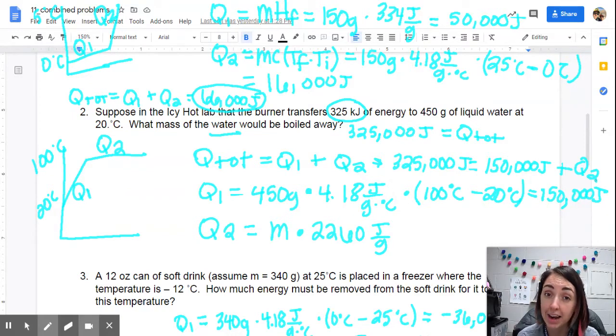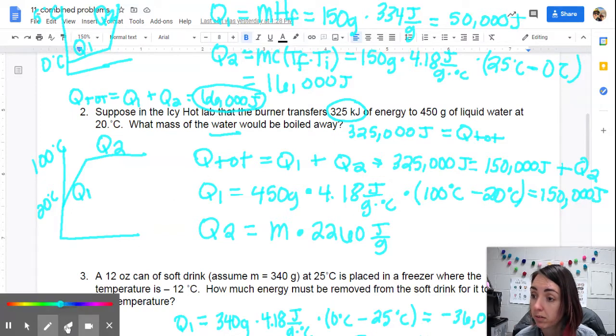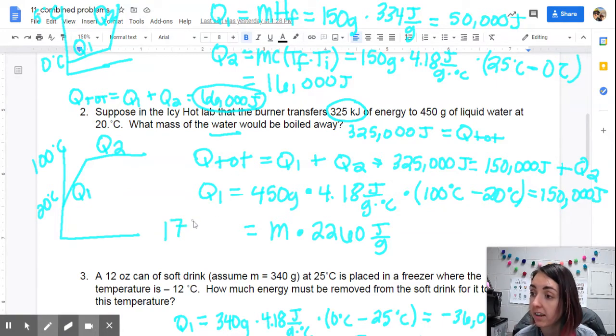I just have to subtract 150,000 joules from Q1 from my Q total, which means Q2 equals 175,000 joules.